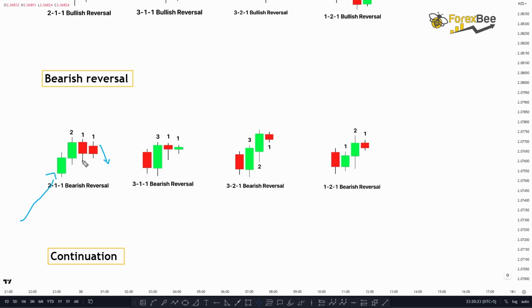We can use this low as our entry point and the low of this 2 candle as our take profit level. You can see that this is the trending candle, that is number 2, and then 1 and 1, which are both inside candles. Similarly, these 3-1-1, 3-2-1 and 1-2-1 are the bearish reversal actionable strat patterns, so we can use them to open trades and put our entry and stop loss levels.